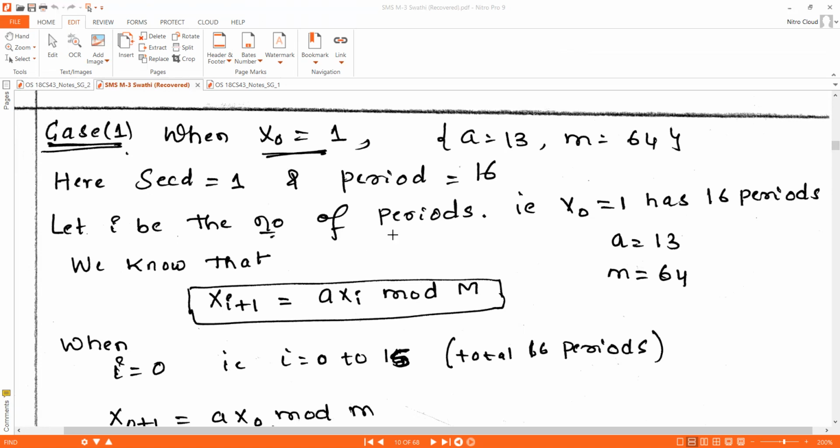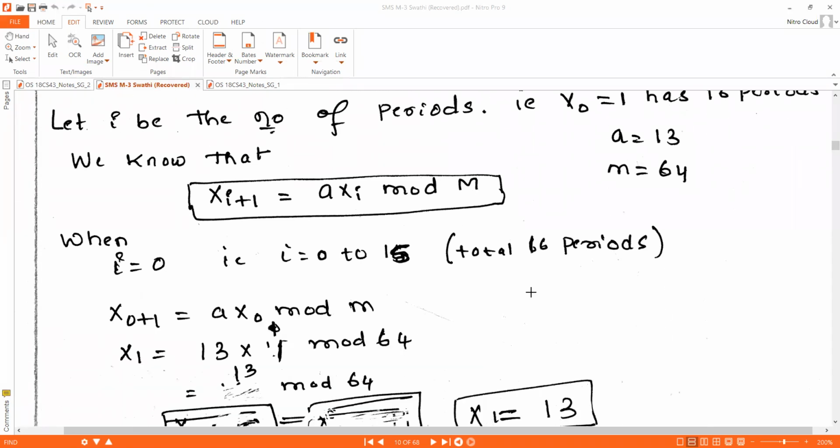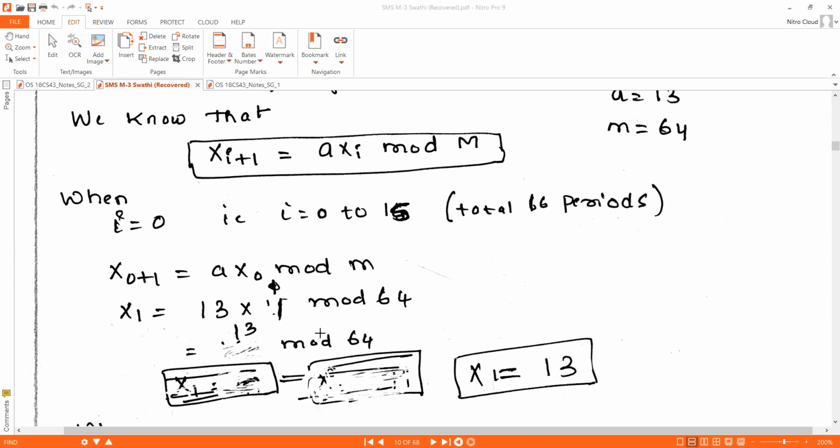For this formula we'll substitute these values, when I equal to 0 to I equal to 15, that means we need to calculate 16 periods in total. First, when I equal to 0, we will calculate the x0 value. In this formula we substitute I equal to 0, and the formula becomes x0 plus 1 is equal to a into x0 mod m.